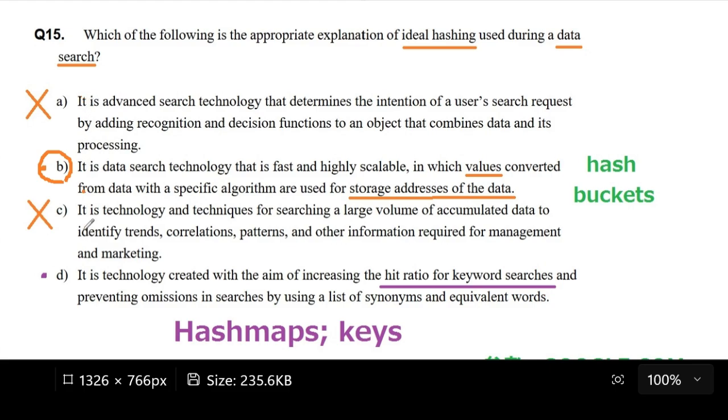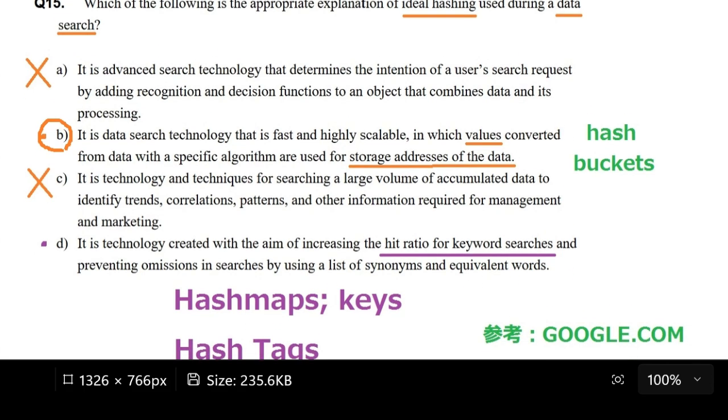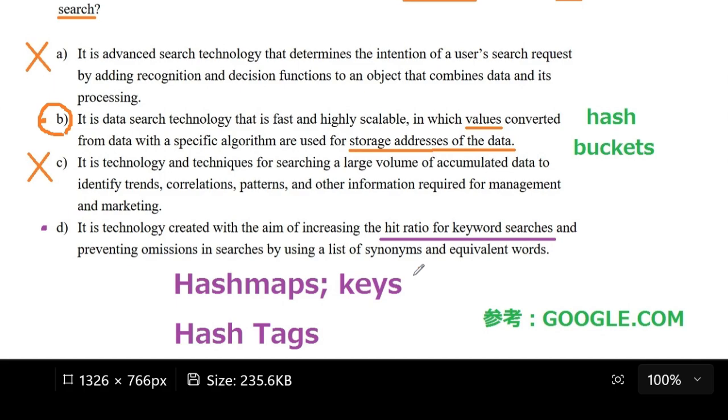Now for D, it is technology created with the aim of increasing the hit ratio for keyword searches and preventing omissions in searches by using a list of synonyms and equivalent words. Okay, this sounded okay to me because we're talking about keywords.